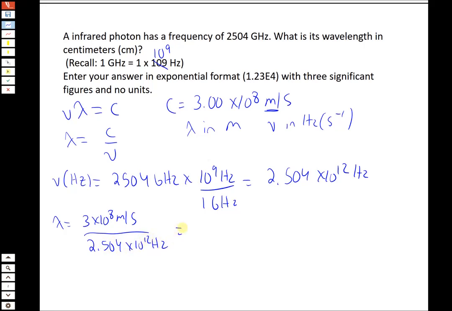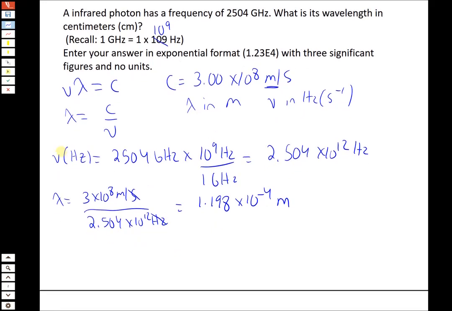And when we solve, we get 1.198 times 10 to the minus 4, but that's going to be in meters, remember, because these cancel out. This is seconds to the minus 1, so that cancels out. So that's in meters, and we want the answer in centimeters.